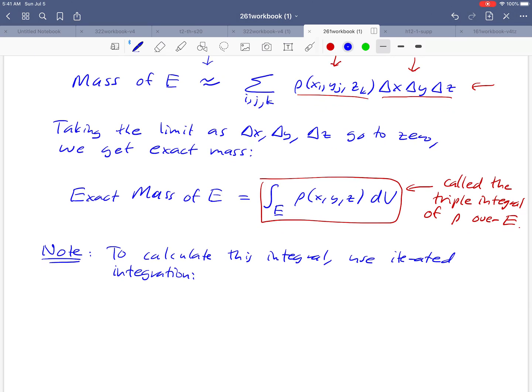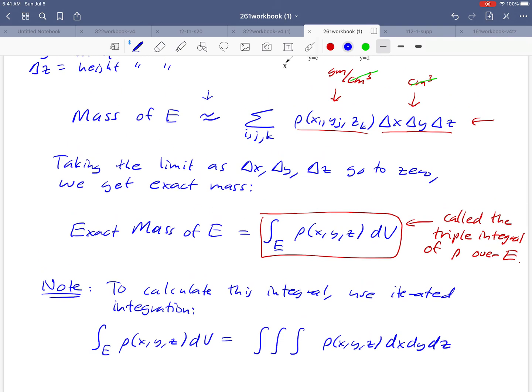So in particular, we could take this triple integral and just integrate in the x, y, and the z direction separately. Rho of x, y, z, and I'm just going to pick an order, dx, dy, dz, and then it would be a matter of writing down our limits of integration.